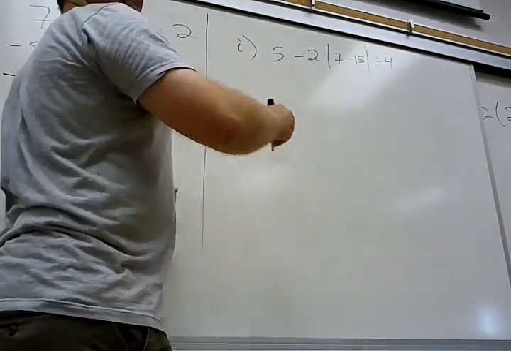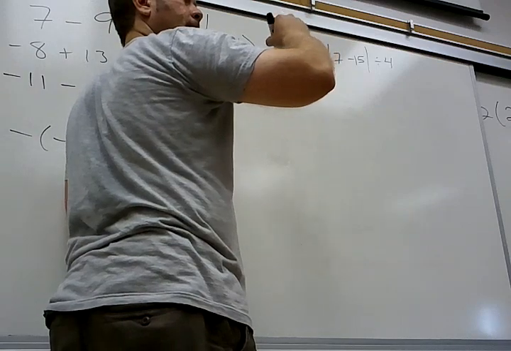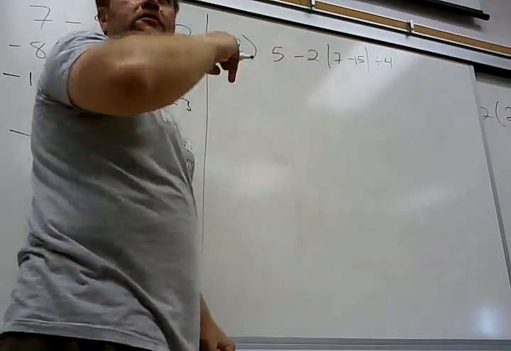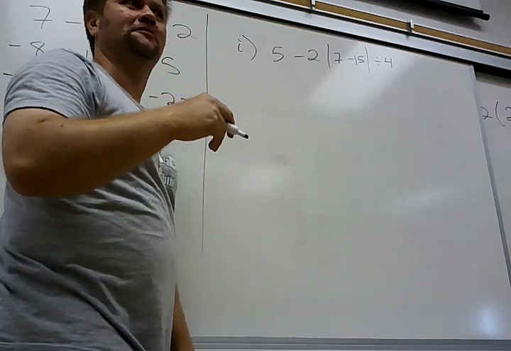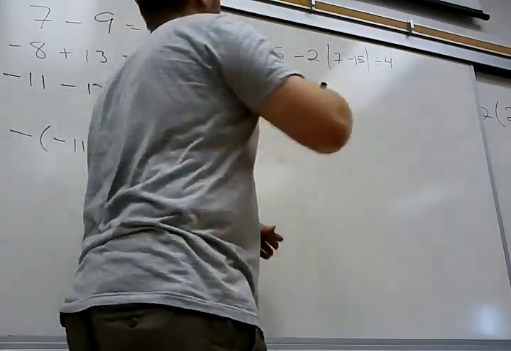Okay. Perfect. I'm just guessing, is the answer 1? Could be 1. I got 5. It's 1. Could be 1. 6. I don't know. 6. All right. Let's see what we get.